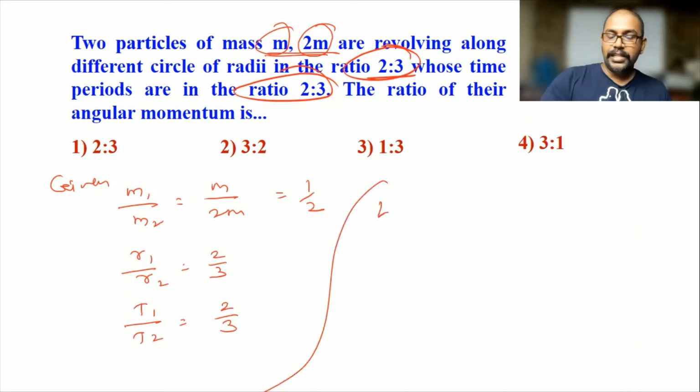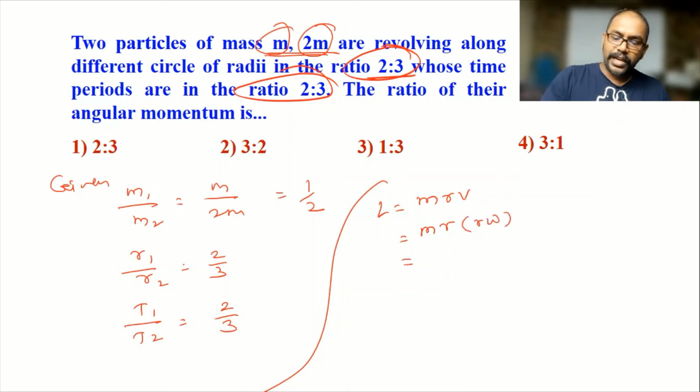So L is mRv. This is the formula of angular momentum. But here we have a relation of mass and radius, but we don't have the relation of v. But we have the period, so we can write v in terms of period. M as it is, R as it is, v we can write as R omega.